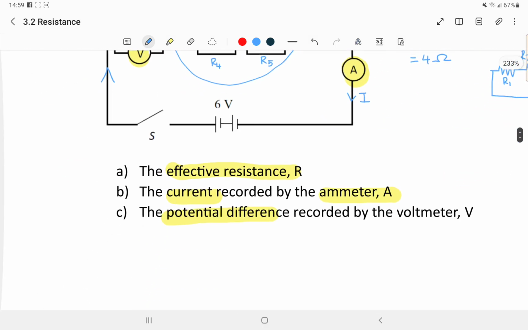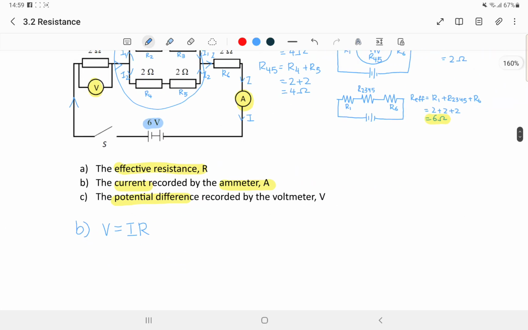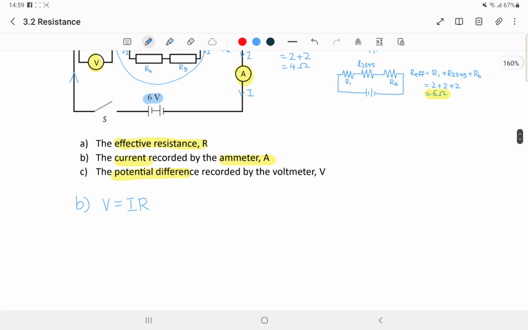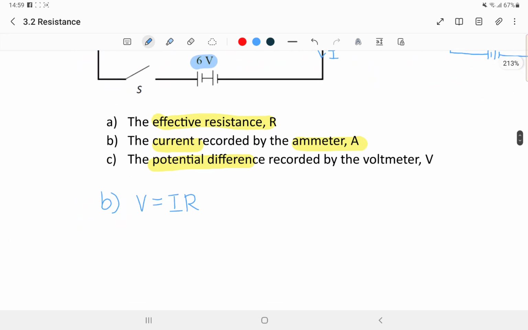Okay, to do B, we need to use the formula V equals IR. And V here we can use from this, which is 6 volt. And then the resistance, we can use the effective resistance since we need to calculate the main current. So we can just substitute.